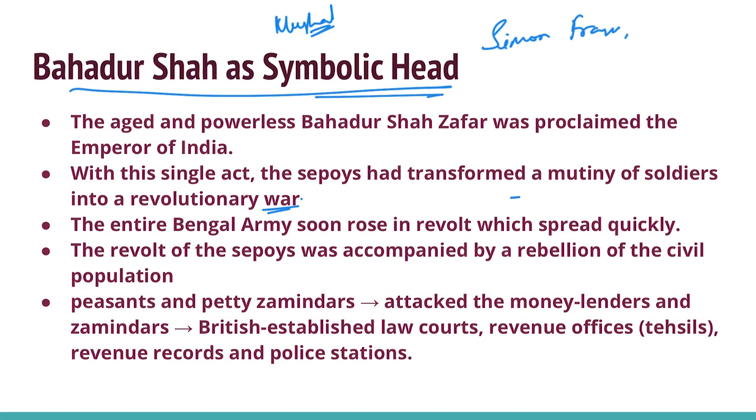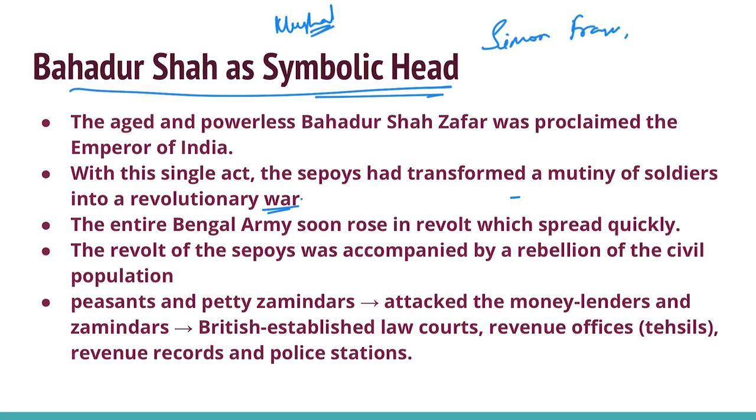Bahadur Shah, after initial vacillation, wrote letters to all the chiefs and rulers of India. He urged them to organize a confederacy of Indian states to fight and replace the British regime. The revolt of the sepoys was accompanied by a rebellion of the civil population, particularly in the northwestern provinces and Awadh.